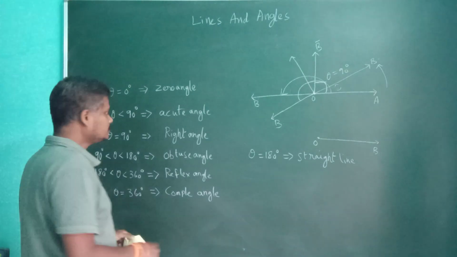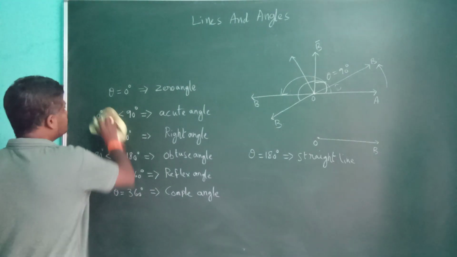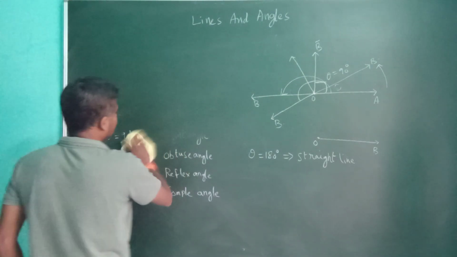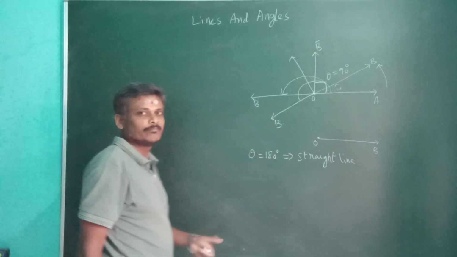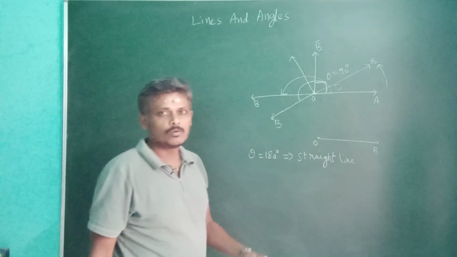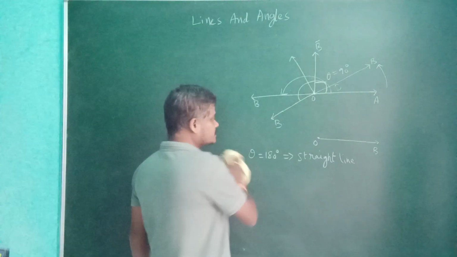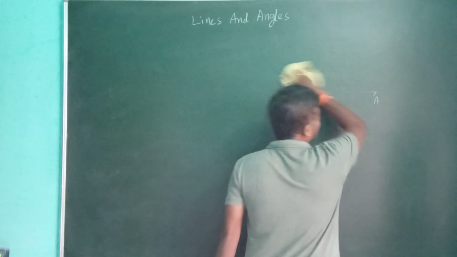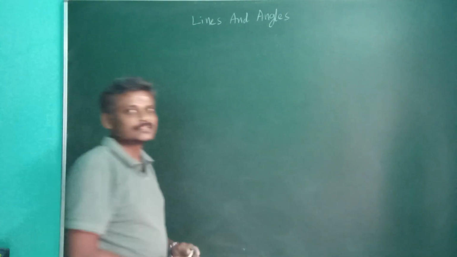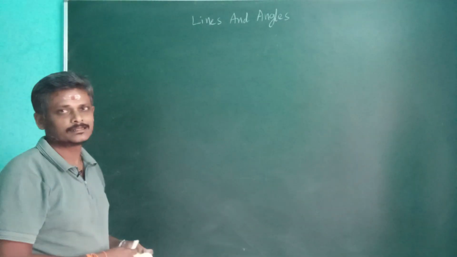Now, sometimes sum of two angles may be equal to 90 degree. Sum of two angles may be equal to 180 degree. Sum of two angles may be equal to 360 degree. Based on these pairs, angles are divided into three types.